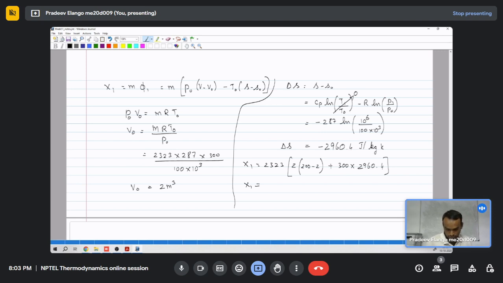I think sorry this is pressure, right? P naught is 100 into 10 power 3. So it is 4.8 into 10 power 10.